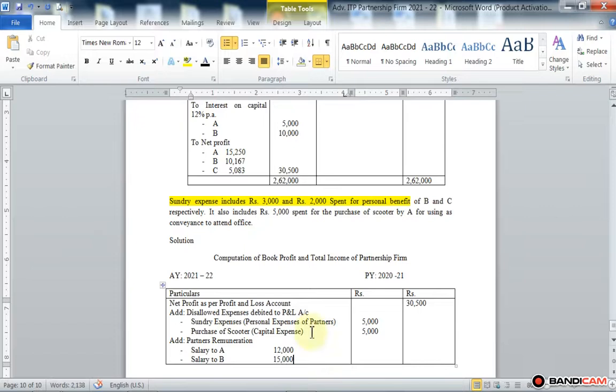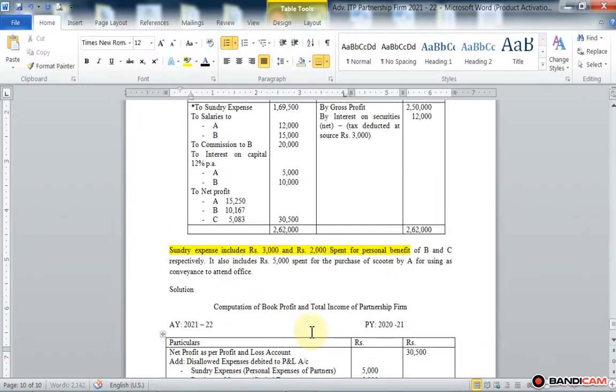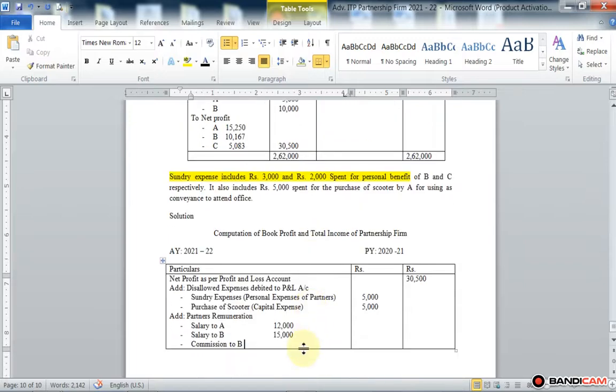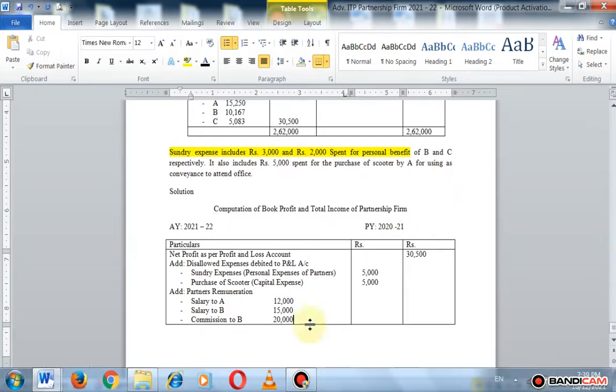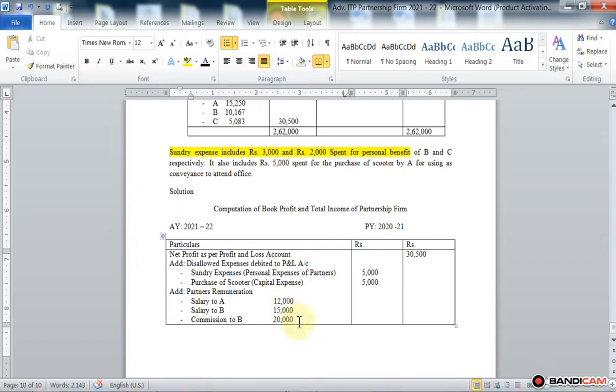Then next, commission to B, 20,000. Now make the total of remuneration.